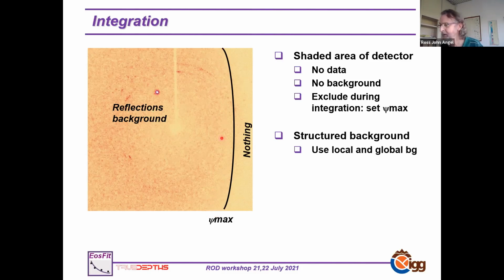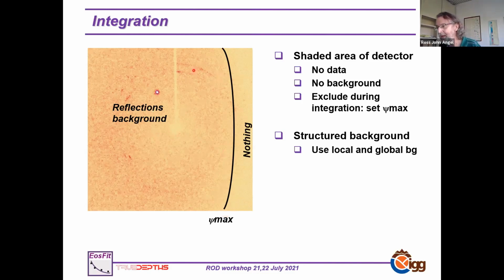If you go back in the literature, you will find that's exactly what Bruker software used to do about 20 years ago, and people were wondering why reflections here had the wrong intensities when they were integrated. Chrysalis does this correctly, provided you set this psi max correctly in the data reduction. And Jakob obviously will show you how to do that in the next talk.